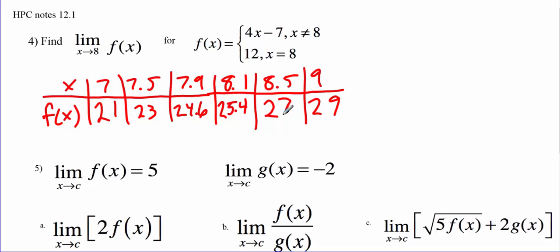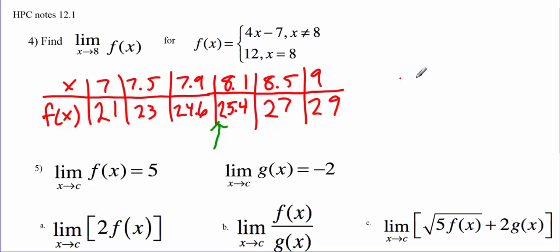I can kind of see what's going on here. If I look at 7.9 to 8.1, and you can see there's definitely like a linear pattern going on here. So again, I'm trying to read between the lines right here. Now another way I would think about it was, well, what if I just plugged in 8 right here to this first rule? 4 times 8 is 32, minus 7 is 25.